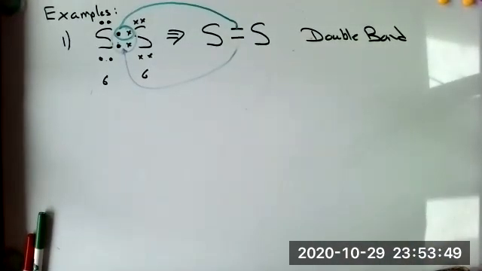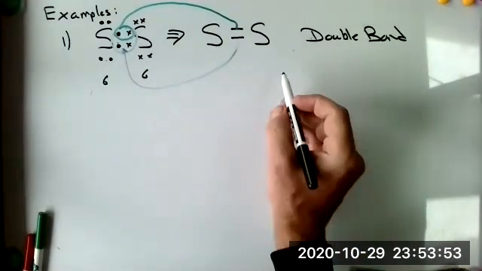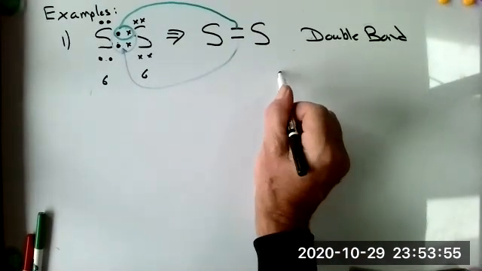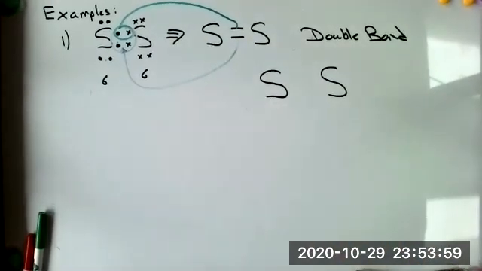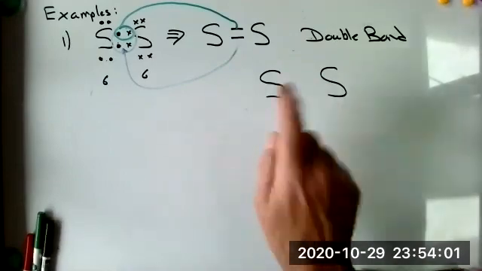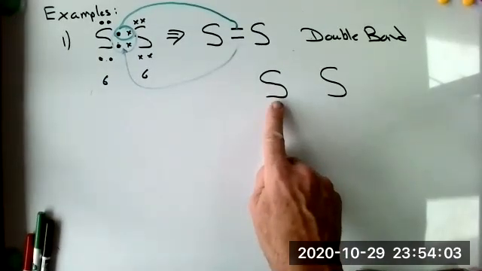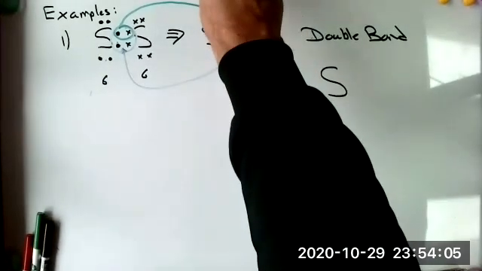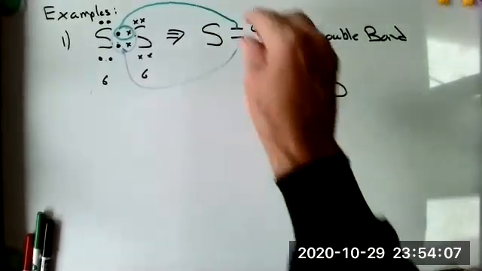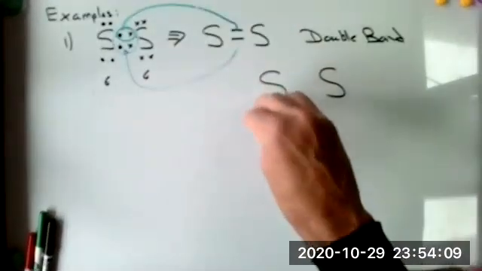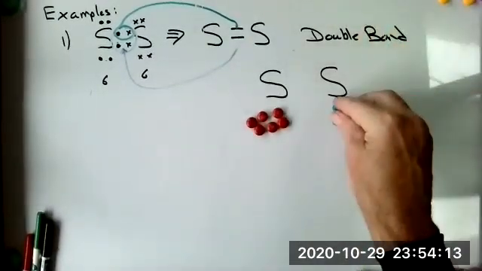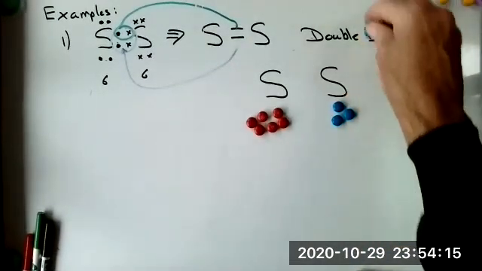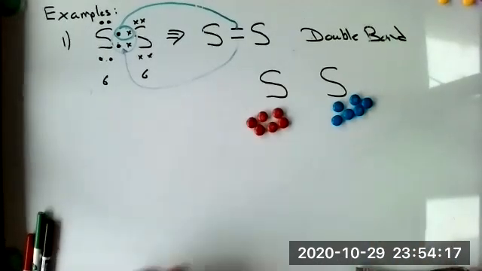So you could say, hey man, that sucker was a double bond. Now, something that might help you visually, I don't know what helps you to learn the best, but I have seen students do this, and if we were in person, we would do it this way. This guy has 6 valence electrons, so I could use 6 red M&Ms. This guy, also 6, let's just say I grab 6 blue M&Ms for him.